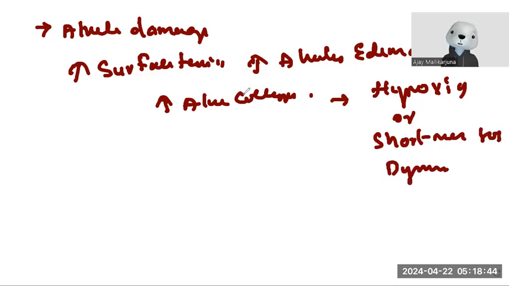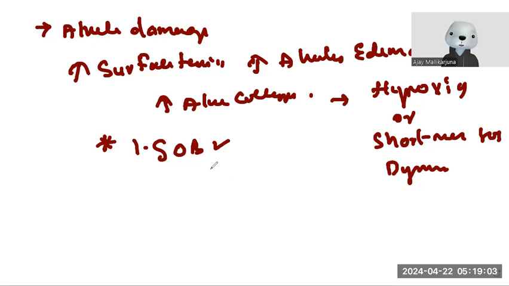So in COVID, the first symptom you will see is SOB. Due to the presence of interleukin 1, interleukin 6 and tumor necrosis factor, you see the symptom called SOB.